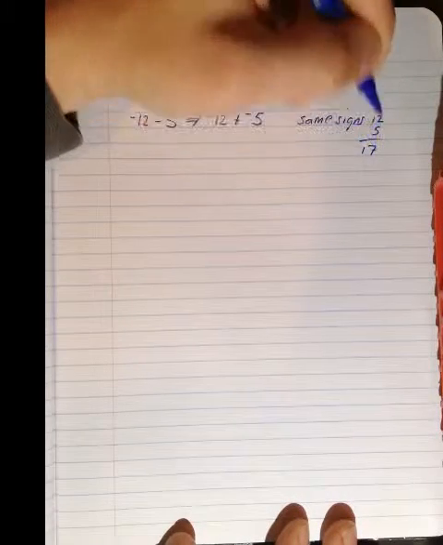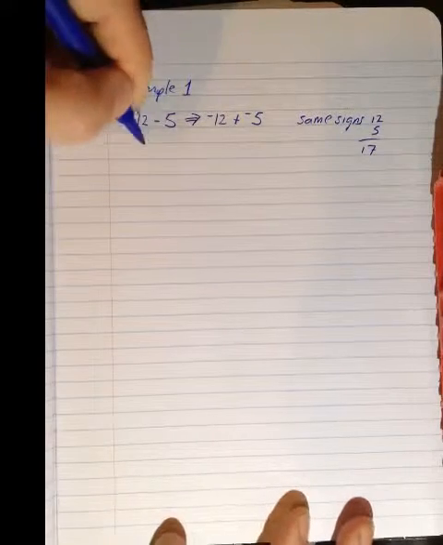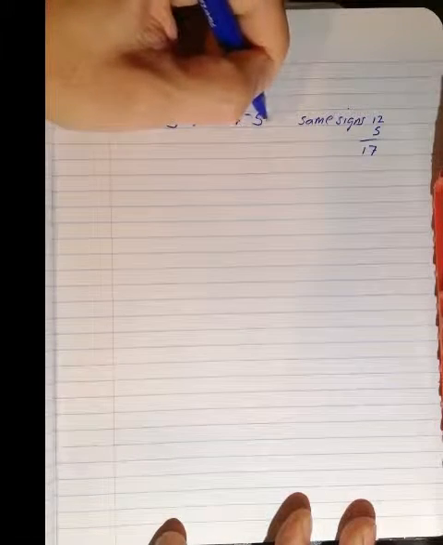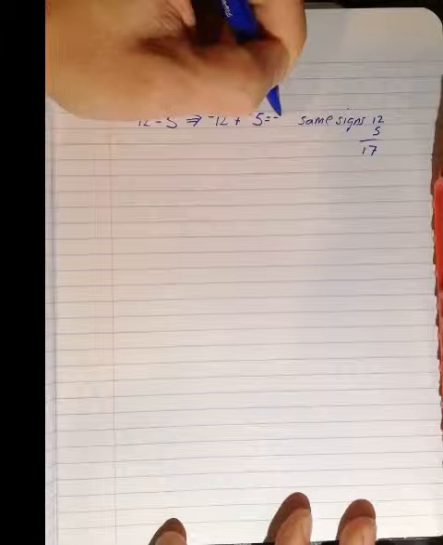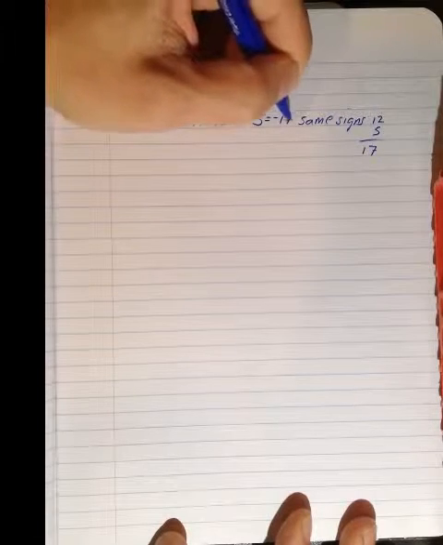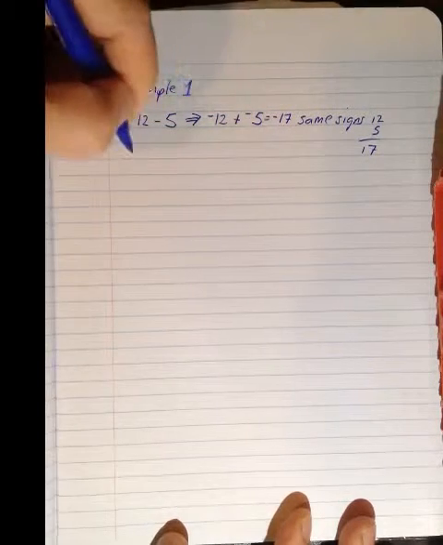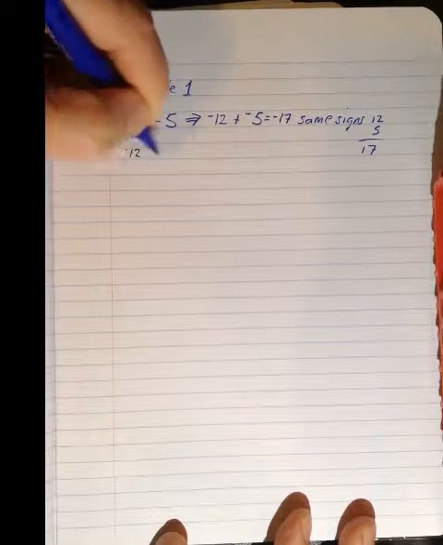Negative 12 and negative 5 have the same sign, so we combine 12 and 5 to get 17 and use the sign negative. So what that means is negative 12 minus 5 is also negative 17.